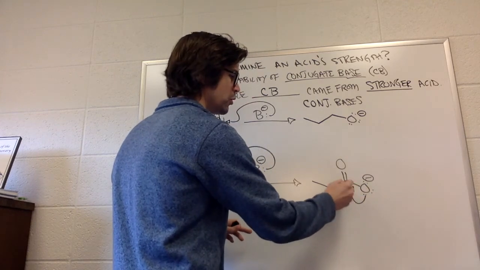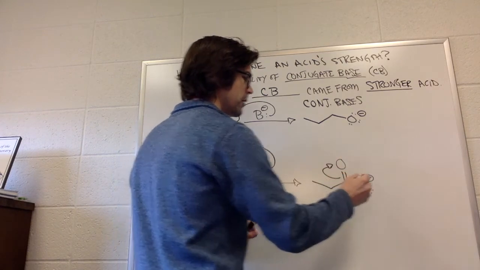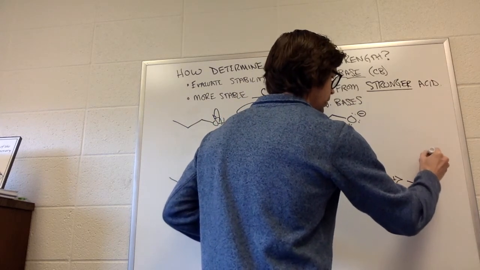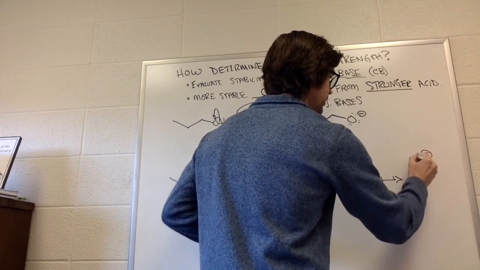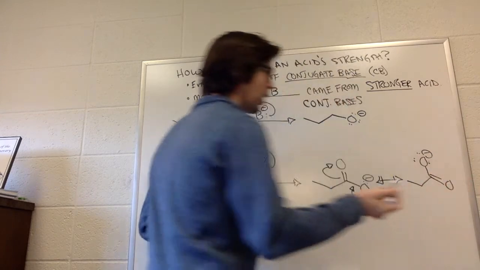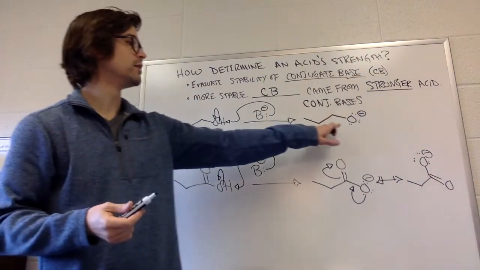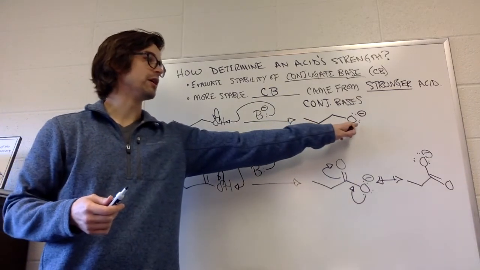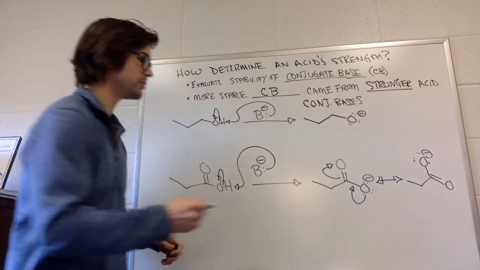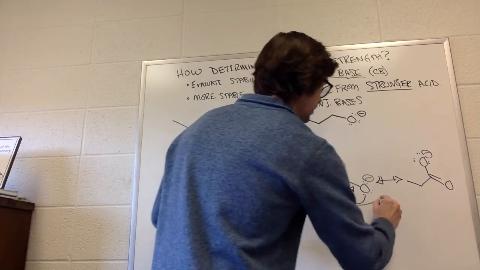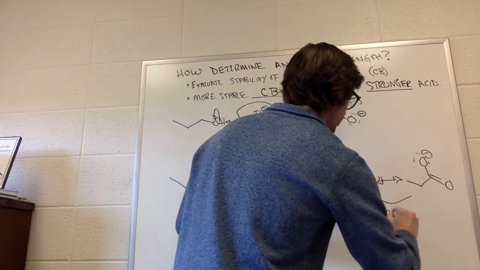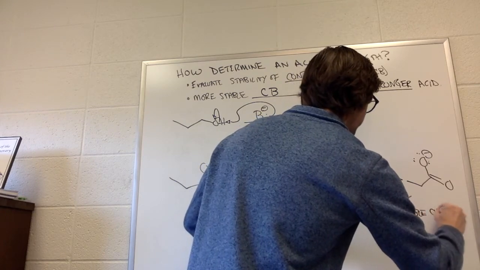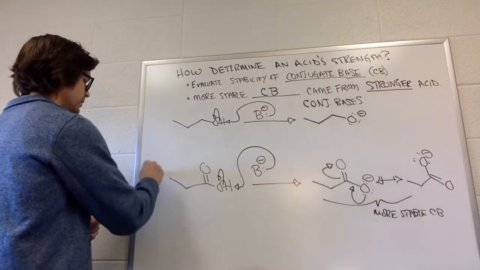Those electrons can move there to make a double bond, and those move up there. So that shows that our negative charge is delocalized across two oxygen atoms, whereas with this oxygen here, all of the electron density is just on a single oxygen atom. So this is the more stable conjugate base, and this was the stronger acid.